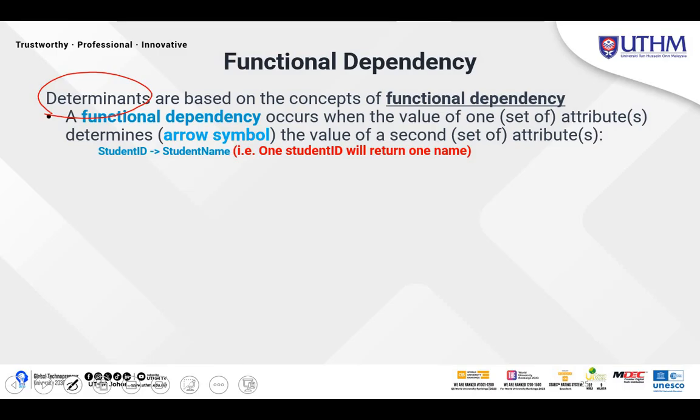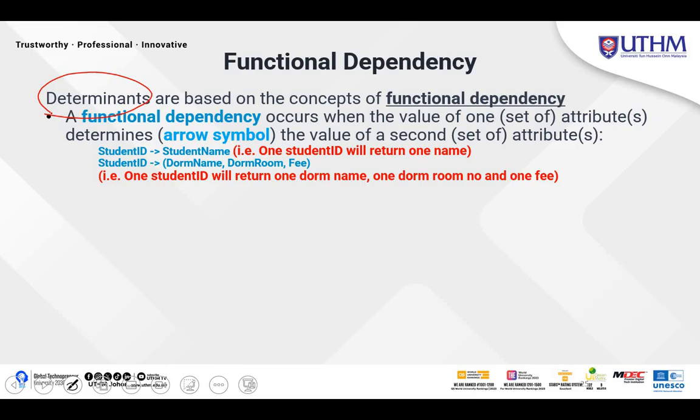One student ID will return one student name because student ID is unique. Student ID is able to determine dorm name, dorm room, and fee. So one student ID will return one dorm name, one dorm room number, and one fee as well.